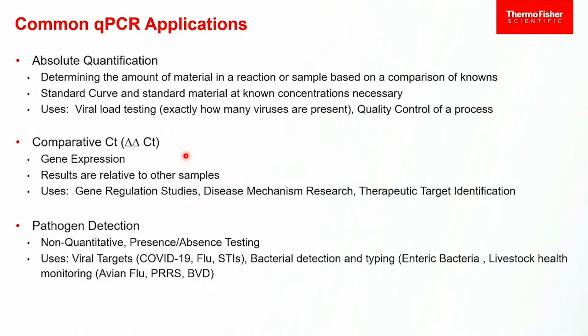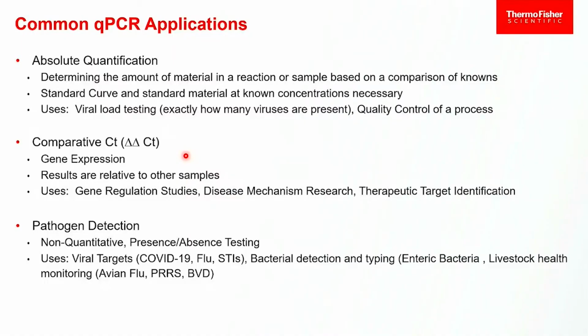If I go to a dairy farm, we're in Dairyland, and want to make sure that the cattle are well, or there's a virus going around and I want to make sure they're not sick, I can do sampling around there, test for those targets, and I can put the farmer's mind at ease knowing that his herd is healthy and is not likely to get sick, and we don't need to call the vet. So we can save money, we can be proactive with the health of the animals, lots and lots of different things.